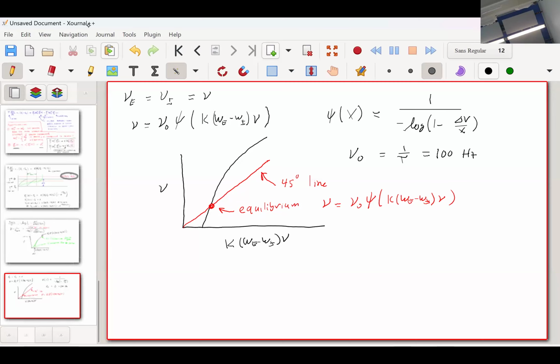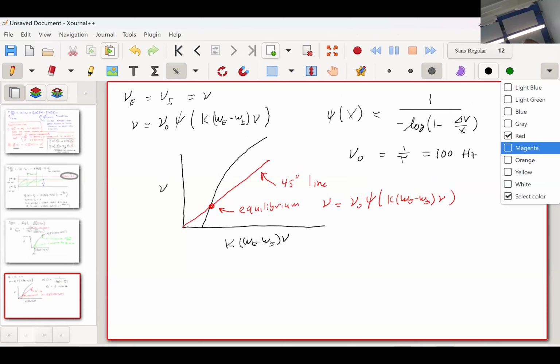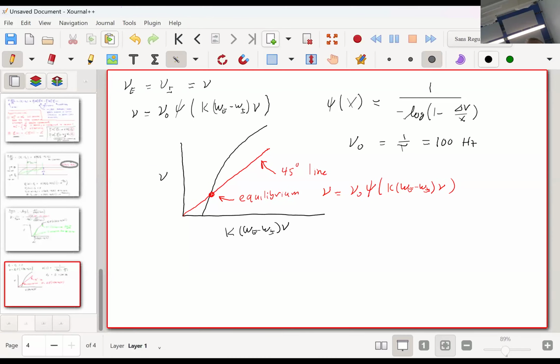So the value of that equilibrium depends, of course, greatly on the weights. Okay? If the weights are really small, in fact, if they go to 0, this goes like this.